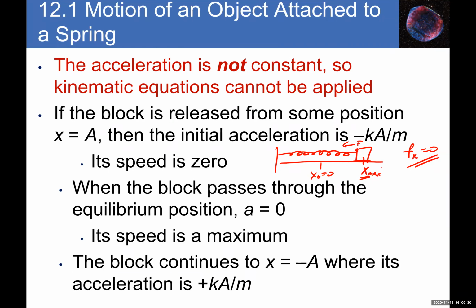So X max is equal to, what we're going to call, A. So X equals A, which means this is where the block is going to be released from, and that's the maximum displacement the block is going to have, which means the acceleration, which is negative k over m times x, is going to be the maximum acceleration because this is x equals position A. So x equals A, and I can call this plus A, which means this is basically where the acceleration is going to be the maximum.